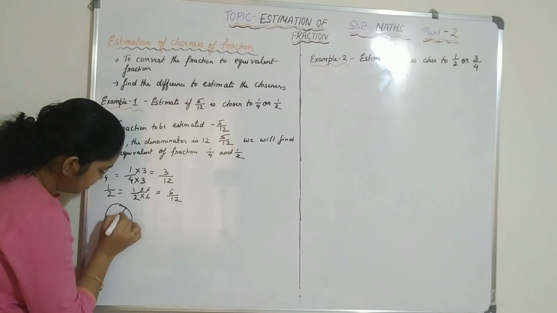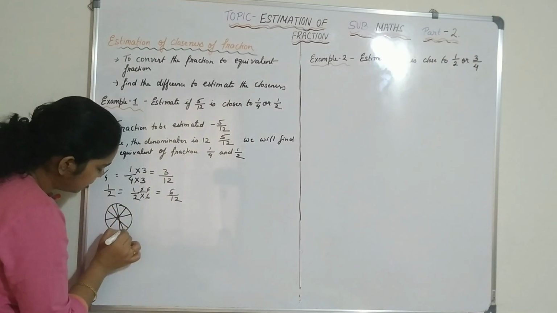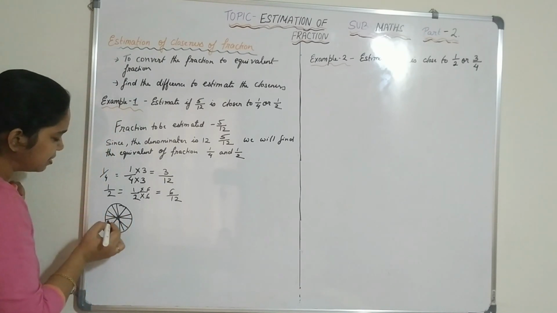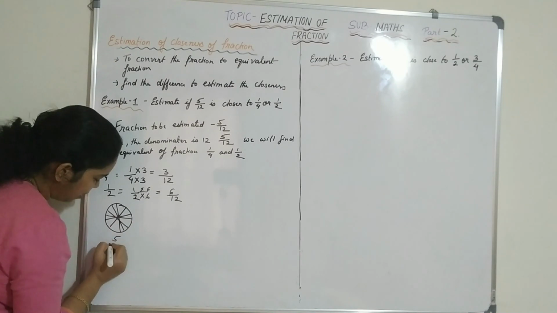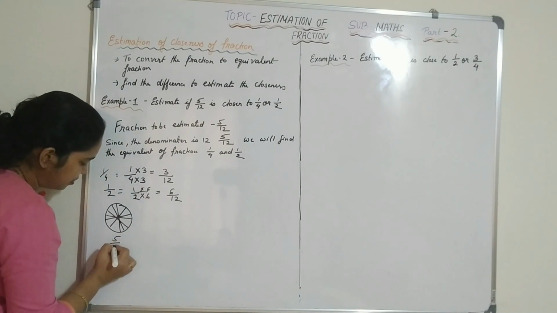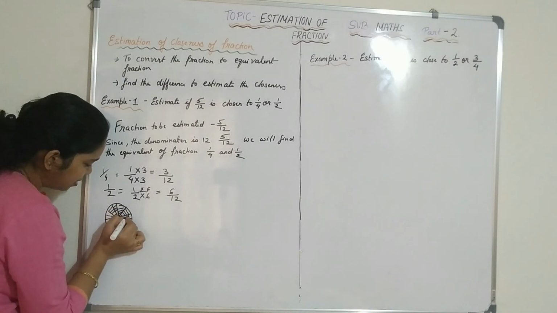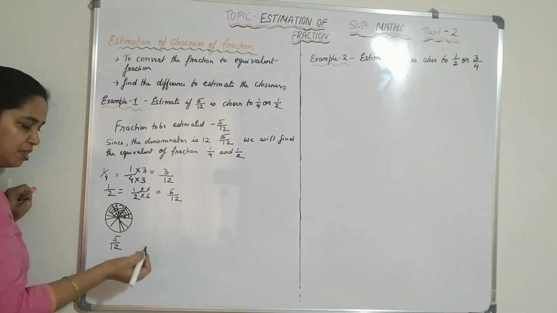You can make a diagram of a fraction with 12 parts. In the first one, you have to shade 5 by 12. So 1, 2, 3, 4, 5 are shaded and the rest 7 you leave.